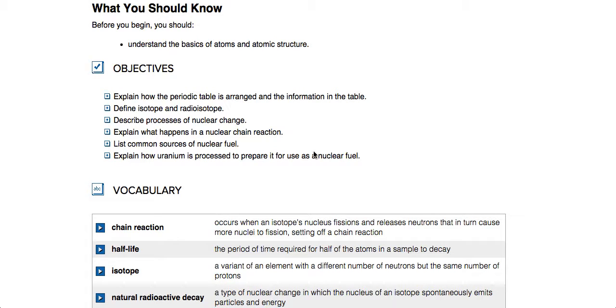Obviously, being able to understand the elements in the periodic table, okay, and the arrangement of those elements, so that you can accurately discuss defining isotopes and radioisotopes, and how they relate. Also, making sure that you understand the process of nuclear power, okay, and how that occurs.